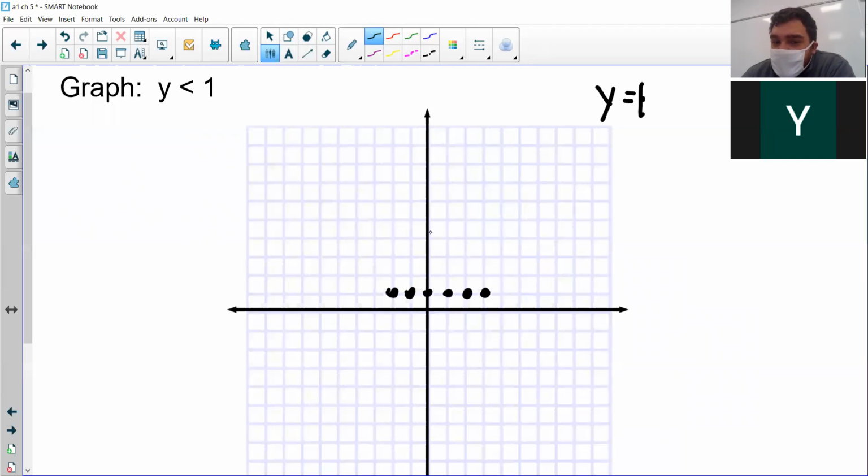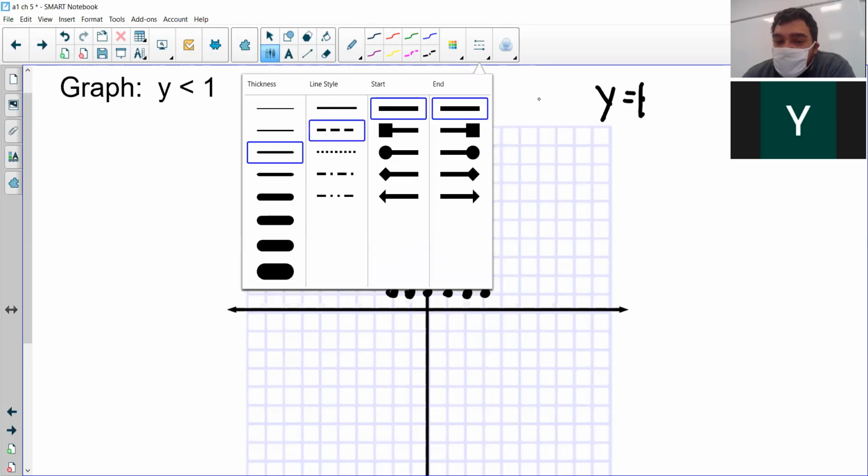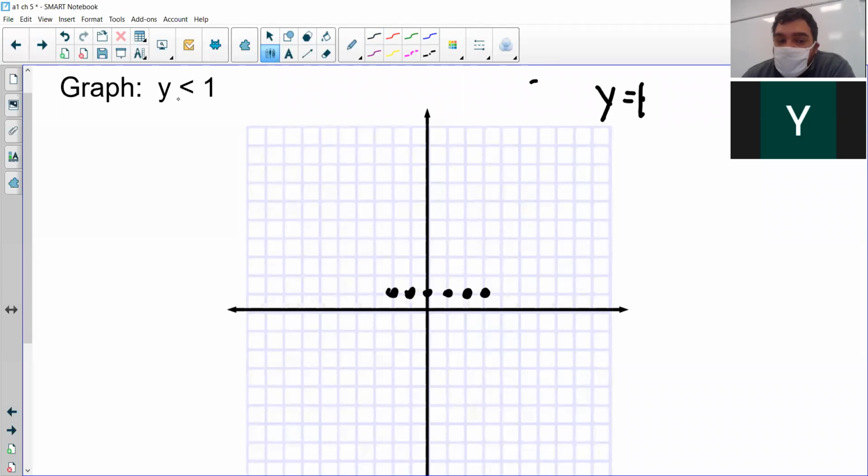You get the idea. So when you have y equals a number, you go to that y value and you're going to get a horizontal line. Now this is y is less than 1, so that means your y is going to be less than 1.